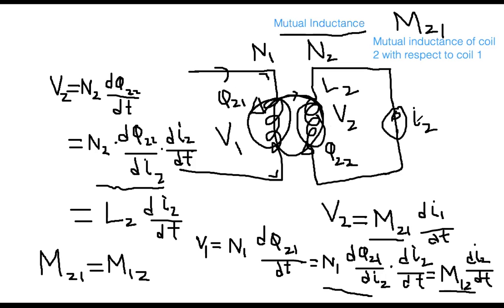When you have the current on this side, definitely you are getting voltage. Even though there is no direct electrical connection, it is still producing voltage on the other side because of the mutual inductance. So this mutual inductance is the relationship between this coil and this coil. That inductance is causing the voltage build up on the other side.